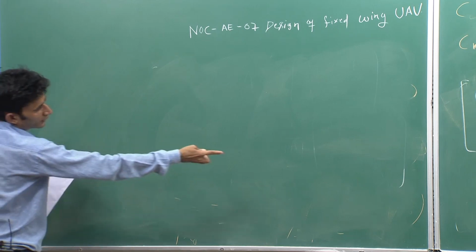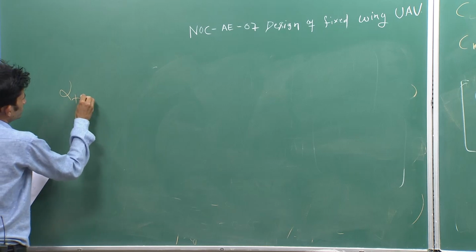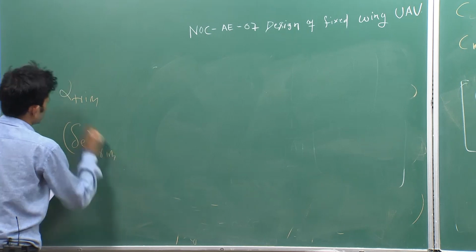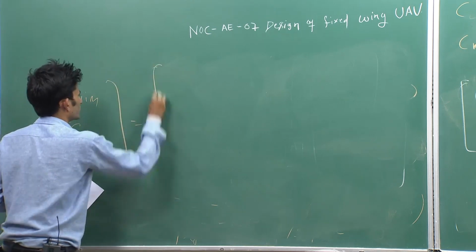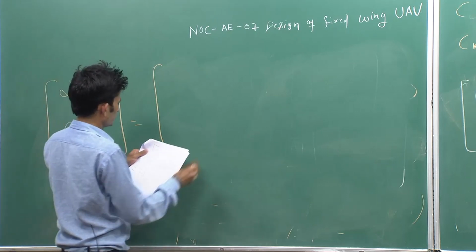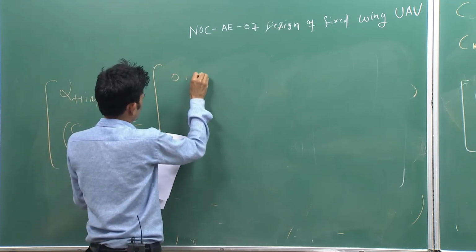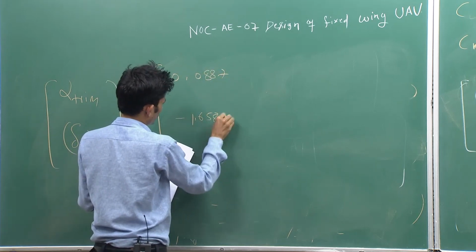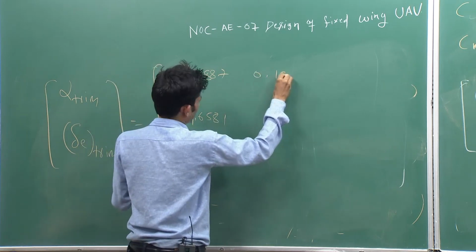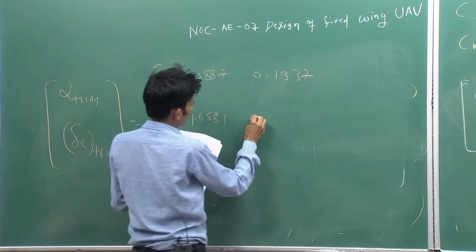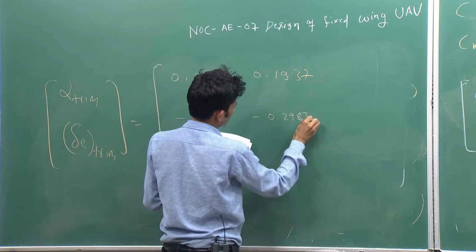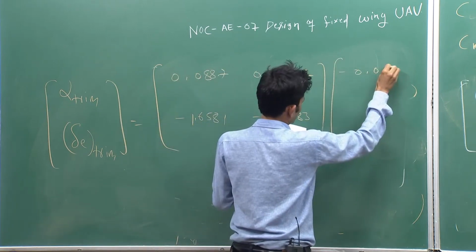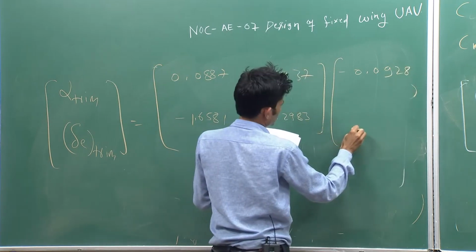Your X, which is alpha trim and delta E trim, is equal to A inverse, which will come 0.0887, minus 1.6581, 0.1937, minus 0.2983, times 0.0928, 0.533.